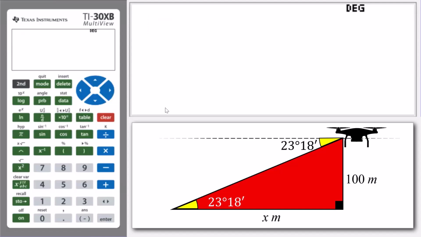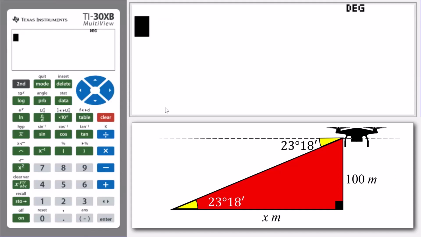The opposite side length is 100 and the adjacent side length is x. So we now write the equation that tan 23 degrees 18 minutes is equal to 100 over x, and therefore x is equal to 100 over tan 23 degrees 18 minutes.